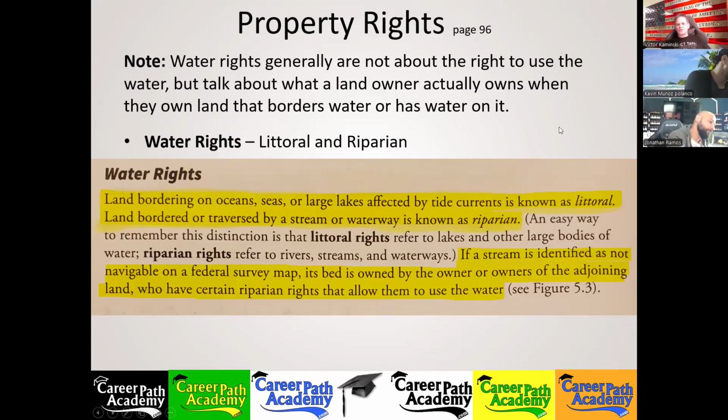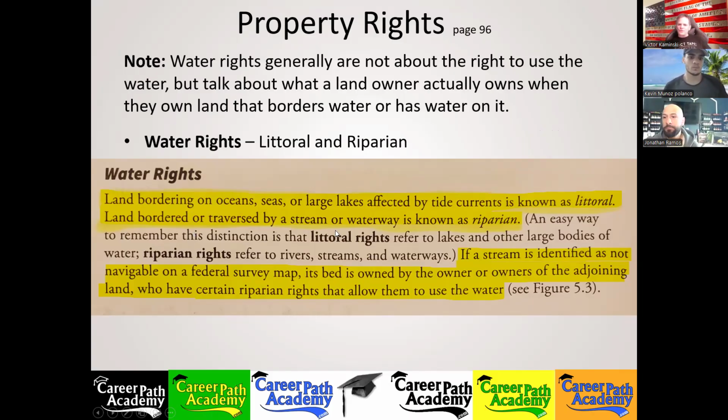First we need to determine what type of water rights you have, littoral or riparian. What's the difference between littoral rights and riparian rights is something you need to know. Land bordering on oceans, seas, or large lakes affected by tidal currents is known as littoral.